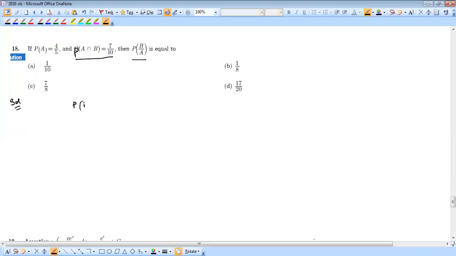The formula is probability of A intersection B divided by probability of A. Probability of A intersection B is 7 by 10, and probability of A is 4 by 5. So 7 by 10 times 5 by 4, 5 ones are 5, 5 twos are 10, so 7 by 8. Option C is the right answer.